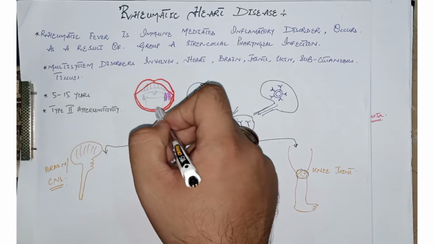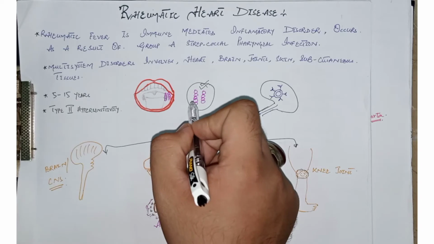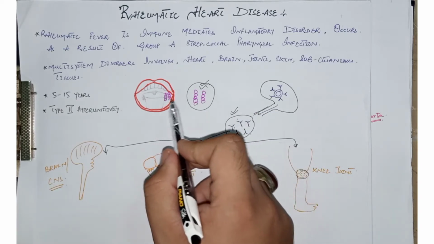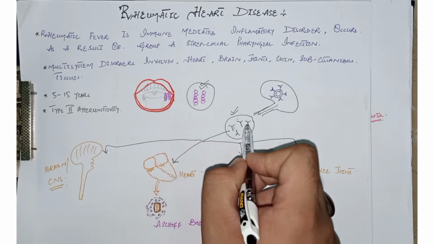Let's talk about its pathophysiology first. When there is an infection of the pharynx by Streptococcus pyogenes bacteria, after 1 to 3 weeks of development of pharyngitis, a cell mediated or humoral immune response is generated.